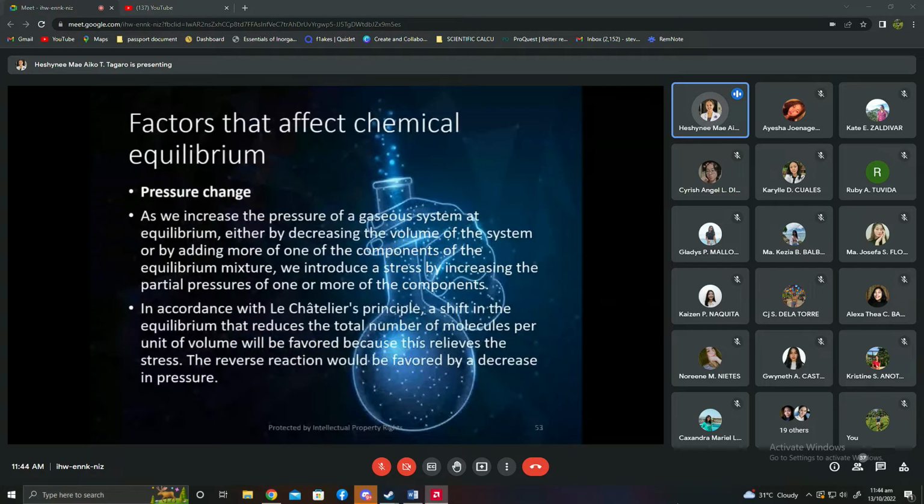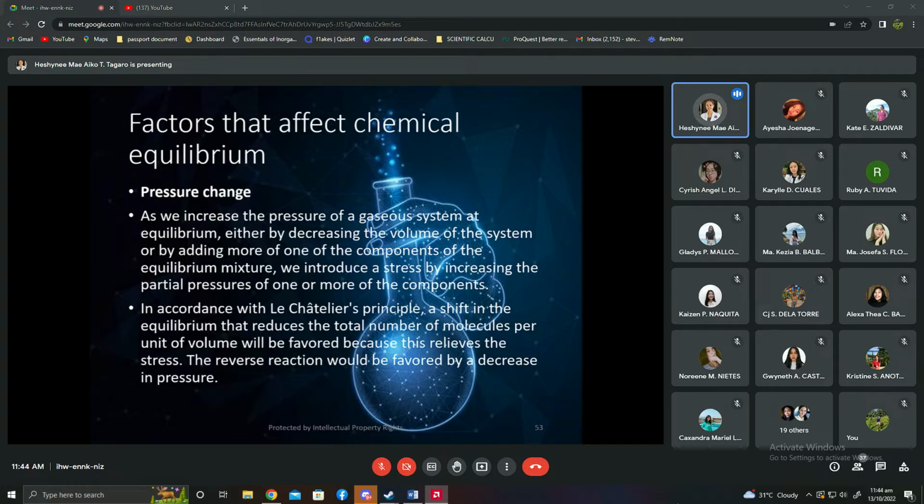In pressure change, what we consider here are the gases. We can change the position of equilibrium by changing the pressure of a system.